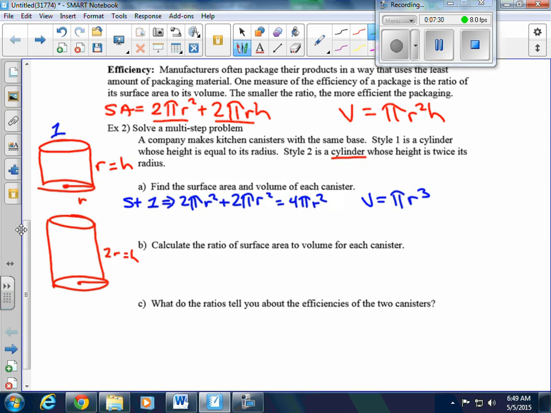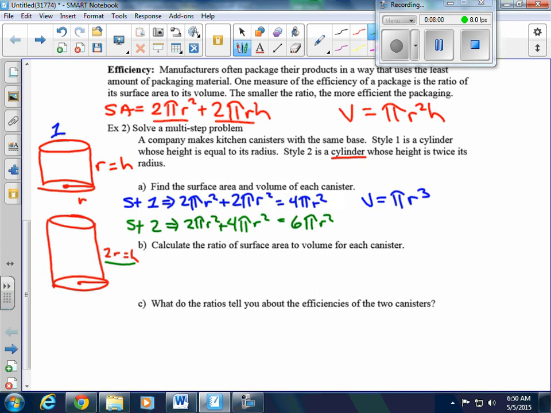If we do style 2, we're going to do the same thing. This time, we're going to plug in 2r instead of h. So it's going to be 2 pi r squared plus 4 pi r squared, and this is going to equal 6 pi r squared.